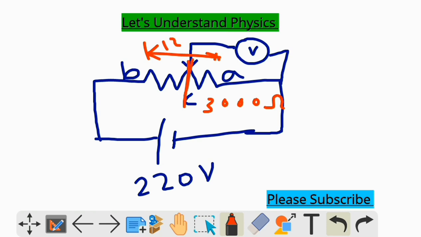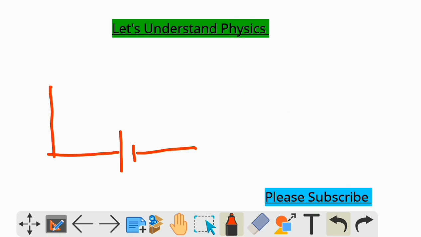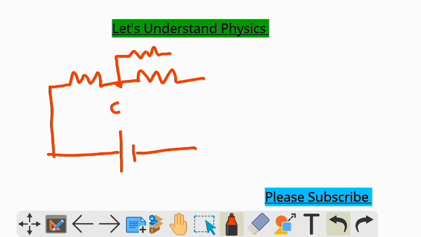Then what will be this one? 12 minus 3, that is 9,000 ohm. Understood? So I am drawing like that now. The first part and then the second part, and from here this is the C point. The voltmeter is connected and the voltmeter also has resistance, so here I have taken V.